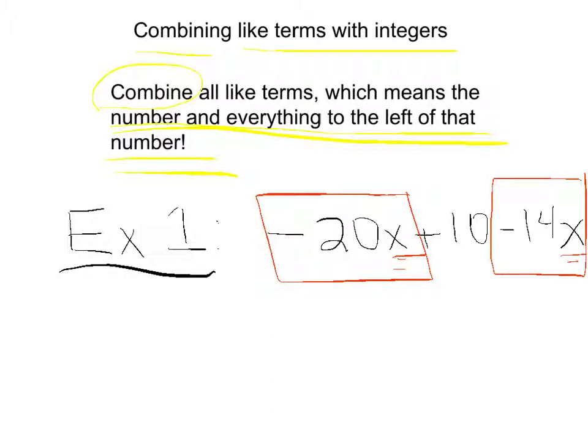Okay, so I'm going to combine negative 20x and negative 14x. And then I'm going to leave 10 where it is.